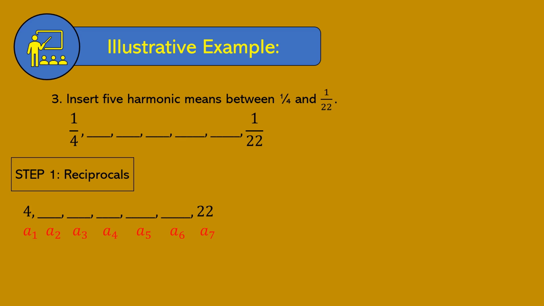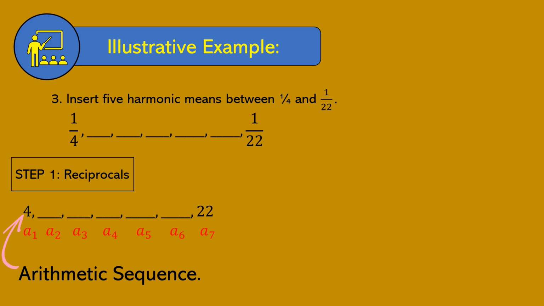The unknowns are a sub 2, a sub 3, a sub 4, a sub 5, and a sub 6, while 22 is a sub 7. Now, since the given 1/4 and 1 over 22 is already a harmonic sequence, these reciprocals, 4 and so on, blank, blank, blank, blank, blank, to 22, is already an arithmetic sequence, right?